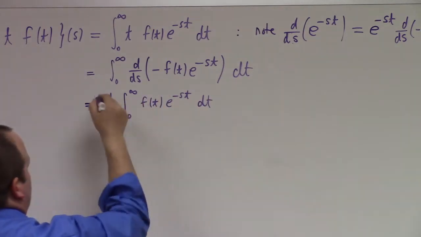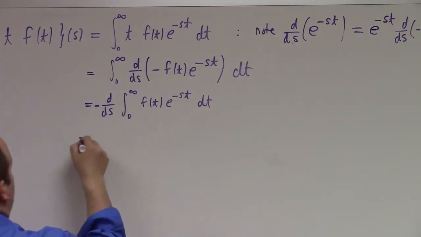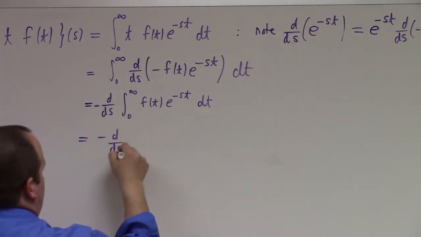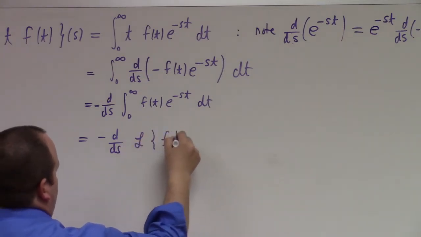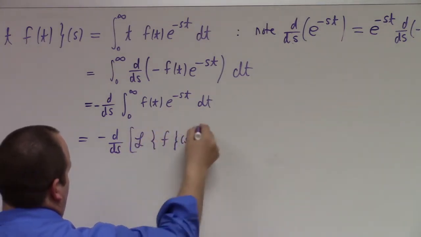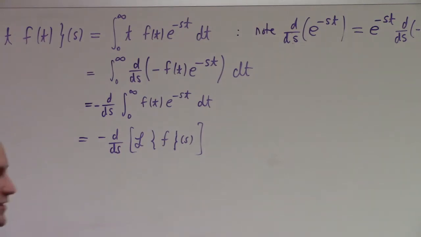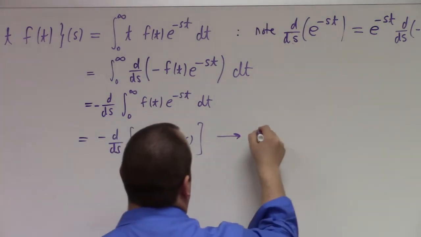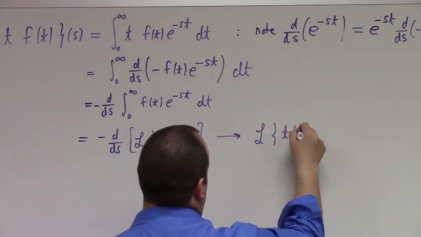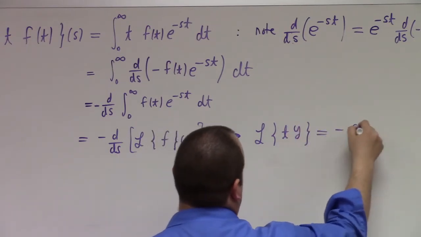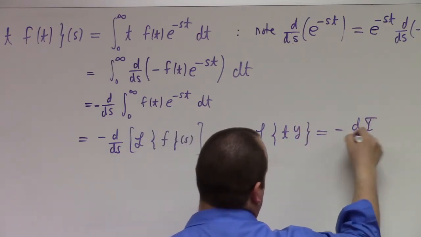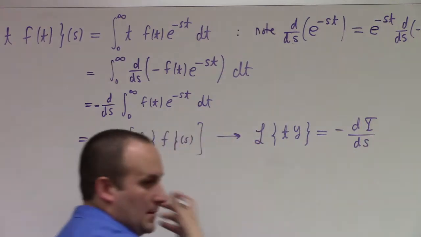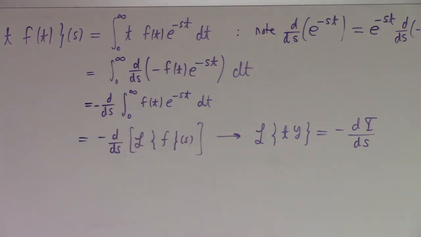And there's a minus. But of course you can see what that is: minus the derivative with respect to s of the Laplace transform of f. Or if you want it in a more plain notation, the Laplace transform of t times y is equal to minus dY/ds. What if we have t squared?